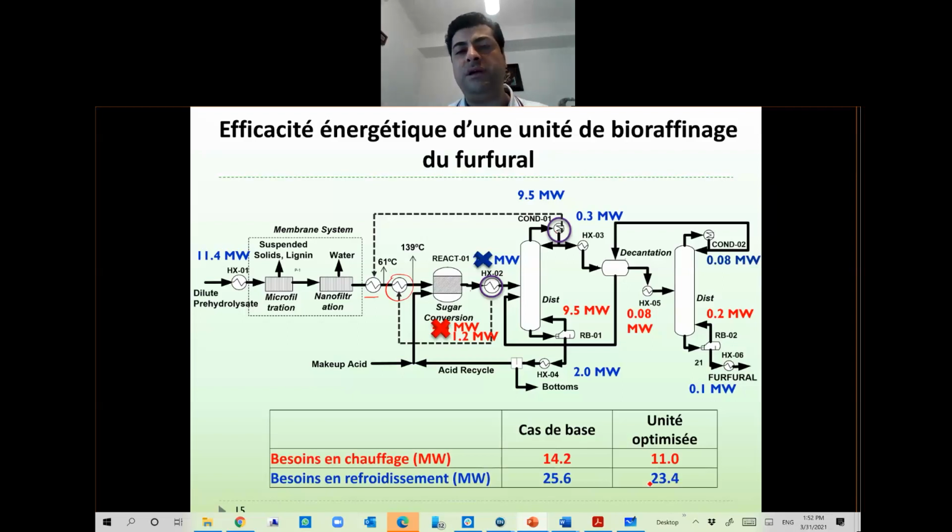First, you have to do a process simulation, for example in Aspen, and then you have to identify where you have heat sinks and heat sources. Then you need to decide if it's better to have process-to-process heat exchangers or utility heat exchangers by simply using the pinch analysis method.